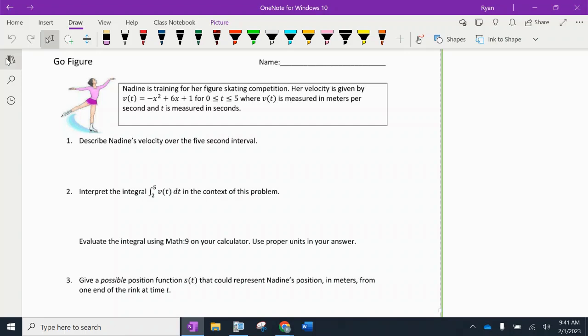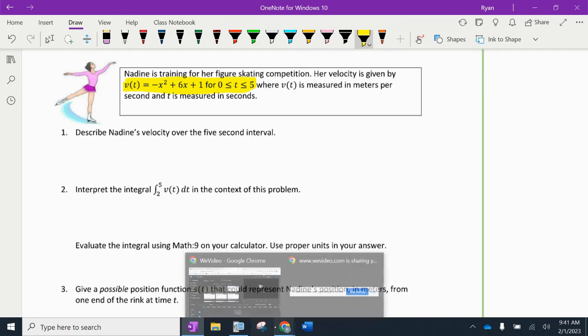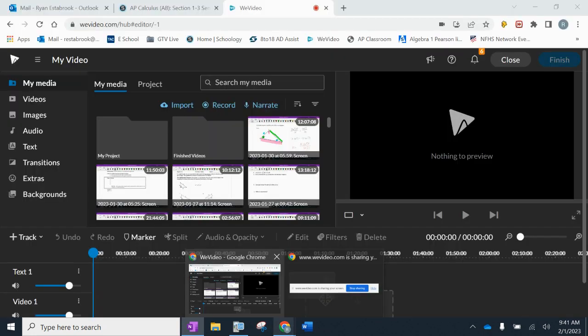All right, so this is 6.70, and we're looking at Nadine and figure skating. In your calculator, go ahead and enter in this equation.